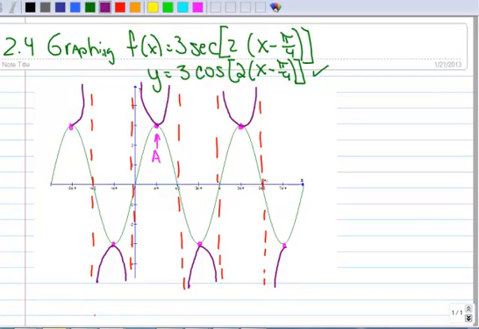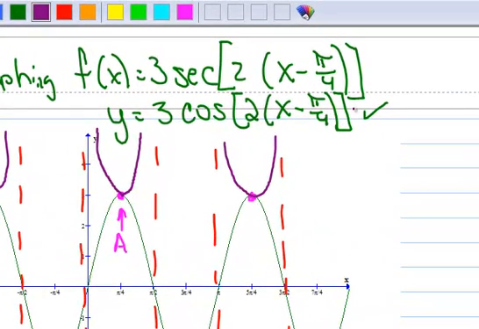Okay. So when you're all done, what you need to do is label the function right here. It's nice and close, so I'm just going to indicate that that is the function. Oops, I got the wrong one there. Let me get rid of that. Here it is, the secant. Good.